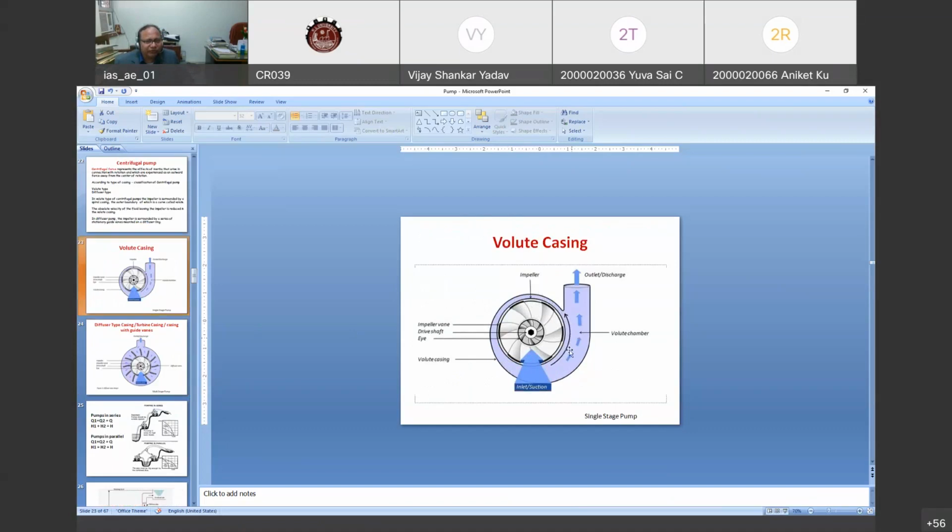What I told you is that the high velocity is converted to pressure head, meaning velocity head is converted to pressure head. Under this volute type of casing, that will not be generated if the rotation is reversed. So the pump will not be in an operating position. It will not give the water.